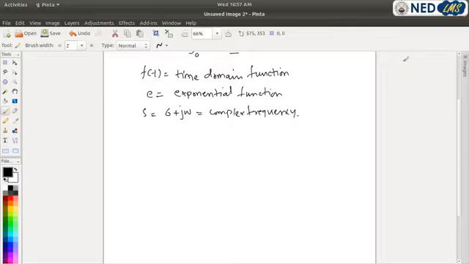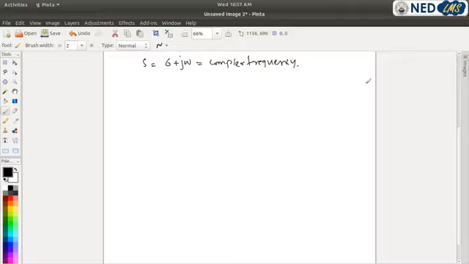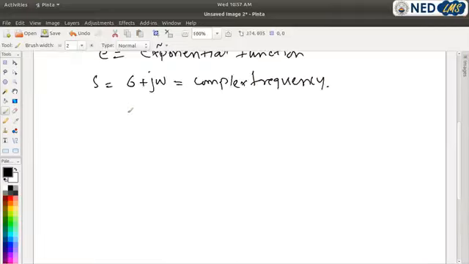Now let's do a simple problem that will describe how to use the Laplace integral.